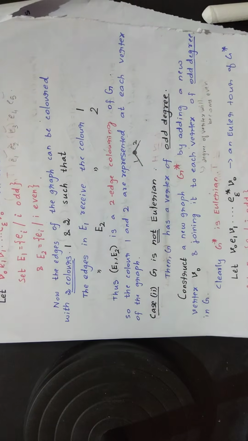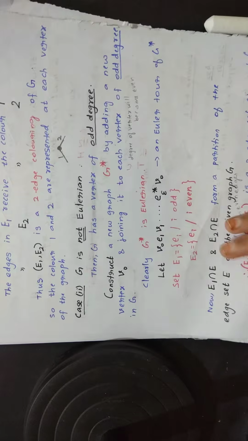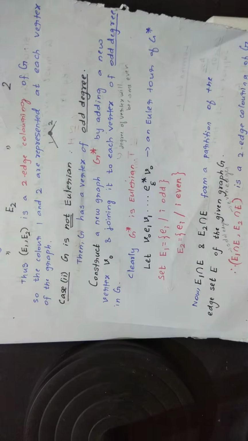Now let us pass on to case 2. Case 2 is not Eulerian. Not Eulerian means there is no Euler tour. There is no Euler tour means there is no way to have a cycle.